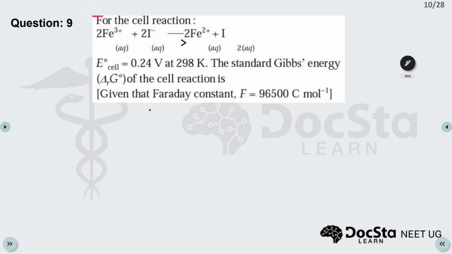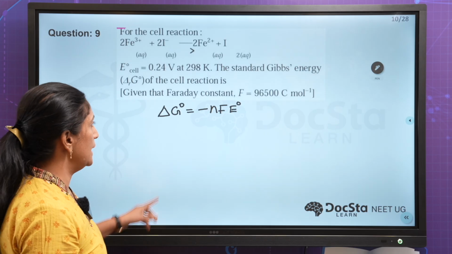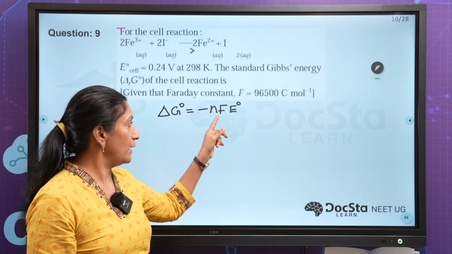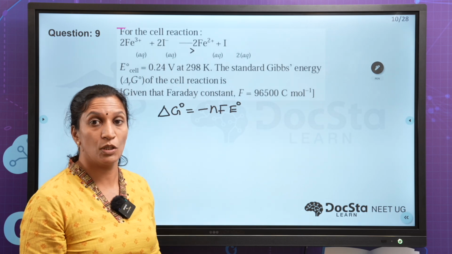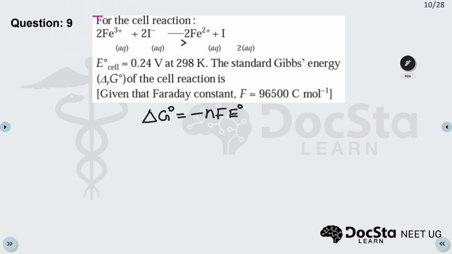Now we know that the relation between the Gibbs free energy delta G0 and the EMF of the cell is given by delta G0 is equal to minus nFE0. That is, delta G is the change in the Gibbs free energy, n is the number of electrons involved, F is the Faraday, and E0 is the EMF of the cell. Now we know that in this reaction the number of electrons involved is 2.